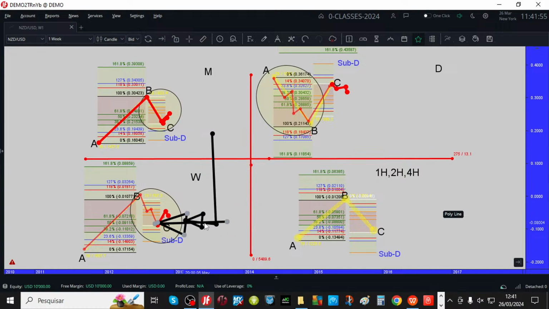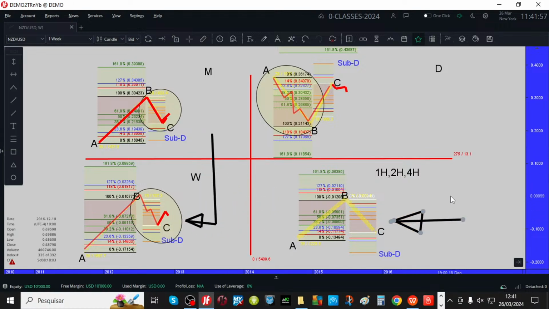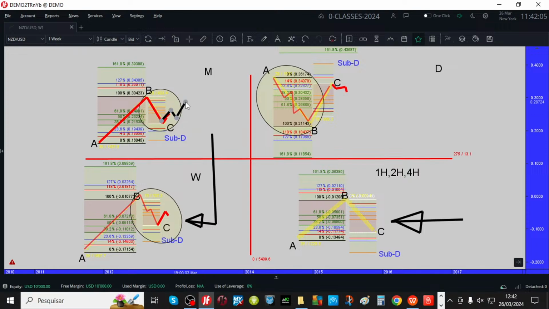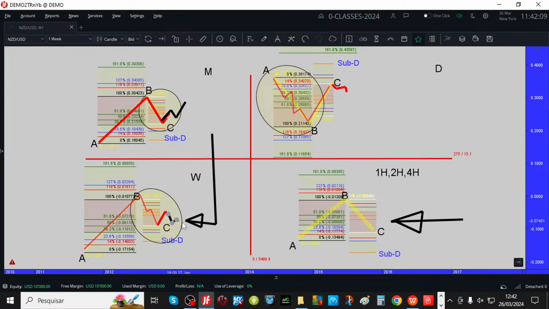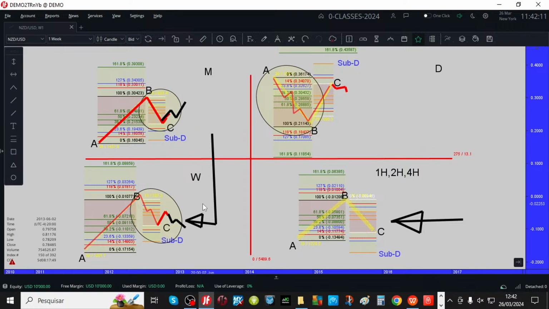What do you think is going to happen on the weekly? If the monthly goes up, is it physically possible for the weekly to go down? What's the answer? This is Forex course 101.